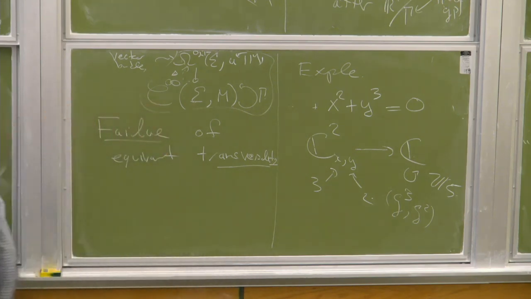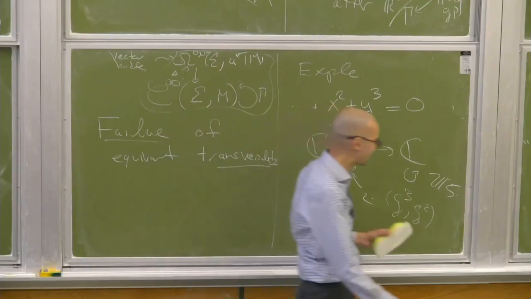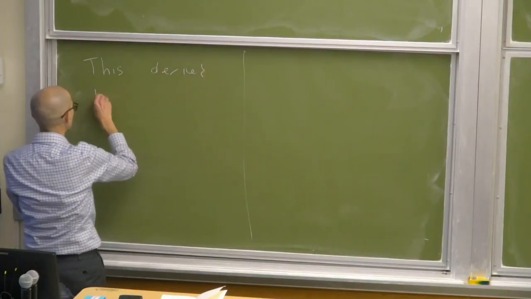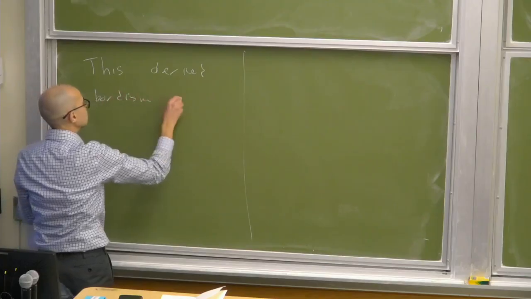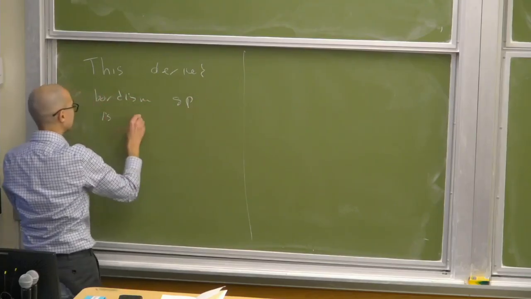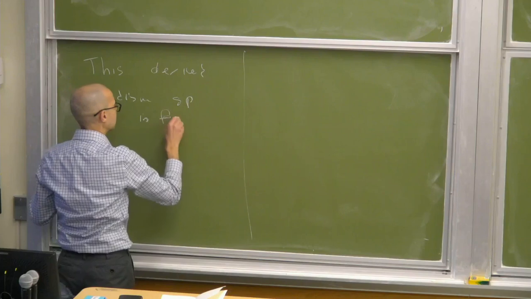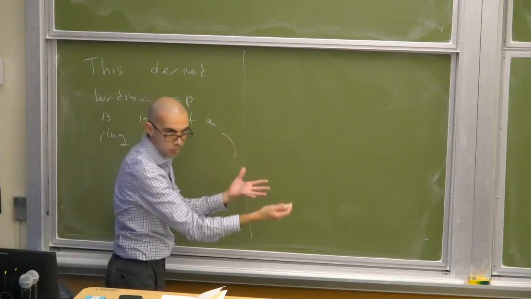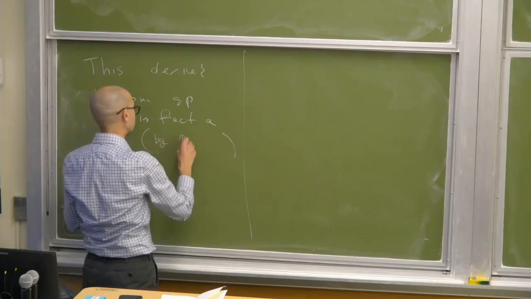Okay, so now we have some group that nobody has seen before. But it's not just a group. This derived bordism group is in fact a ring, by multiplication, by product of manifolds.